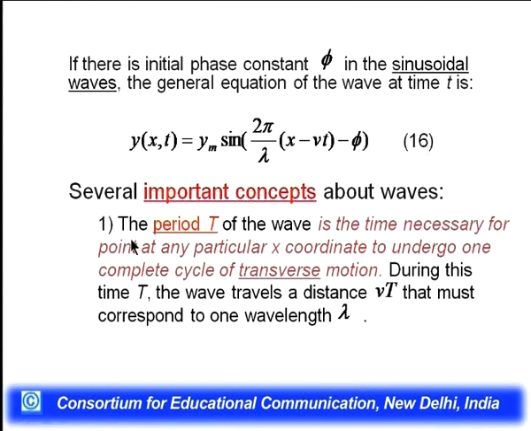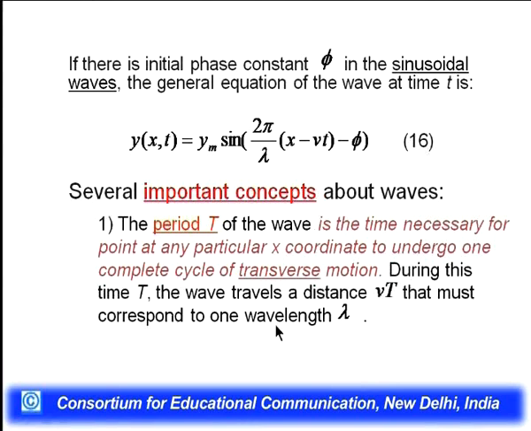Several important concepts about waves are as follows. Number one, we define the time period T of the wave as the time necessary for the point at a particular x coordinate to undergo one complete cycle of the transverse motion. We are talking about the transverse, that is, perpendicular to the propagation.